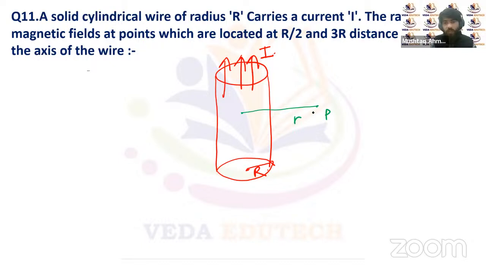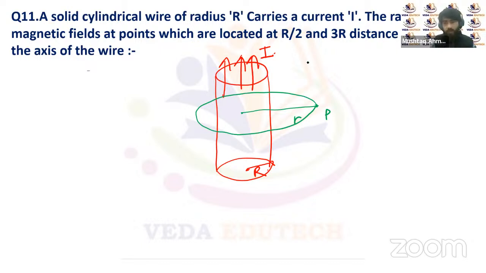So what we'll be doing here is using Ampere's second law. We can use Ampere's second law for this point P, which lies outside this solid cylinder. All the calculations will be done on this Amperian loop.